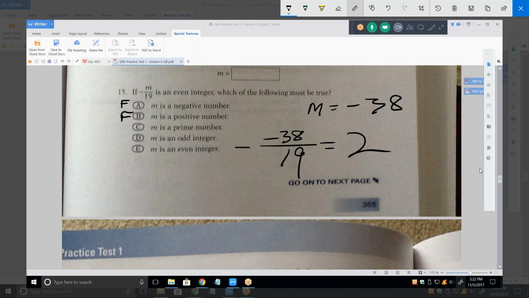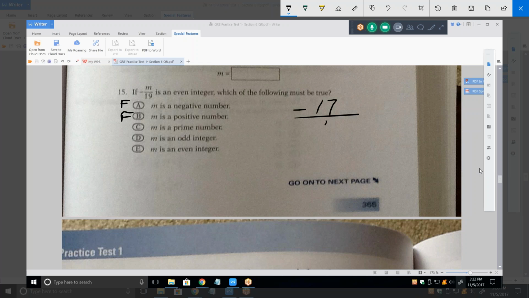Now, does m have to be prime? Here's the problem with prime: prime numbers aren't divisible by anything. So if m is a prime number, there is no way that m divided by 19 is going to be an even number. So that's false. That's impossible. In other words, m can't be prime, in fact.